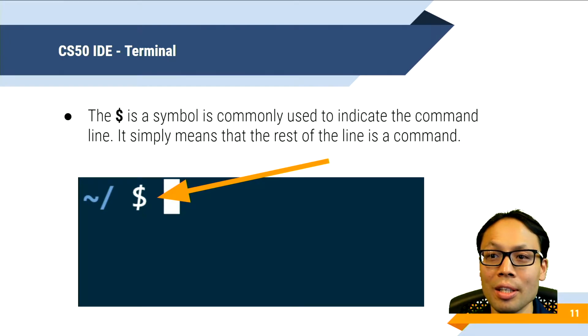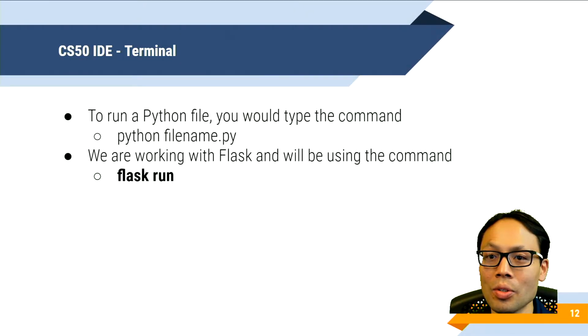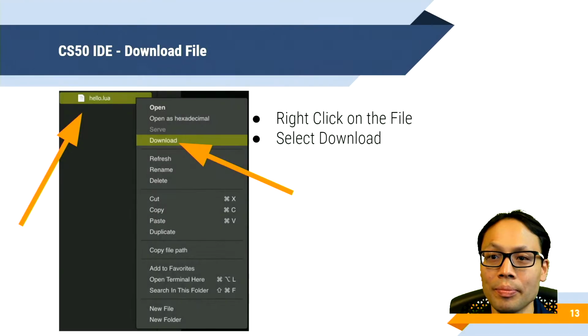The $ is used to indicate the command line, and anything to the right of the $ is the command. So if you were just running a regular Python file, you would type the command python space file name, but we're working with Flask, so to run your Flask application, type in flask run.